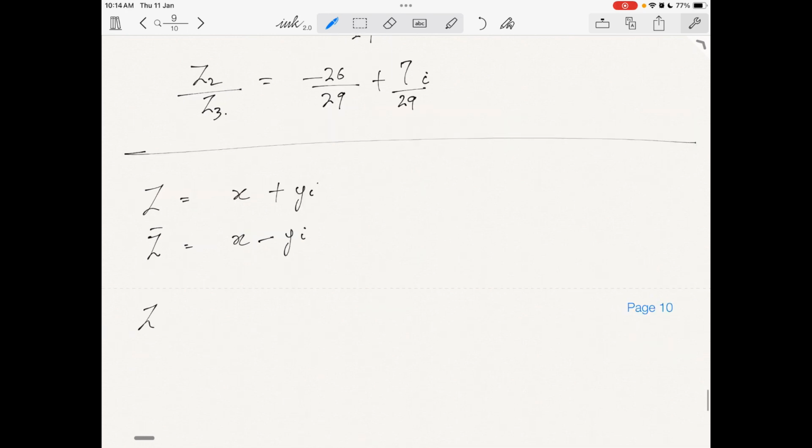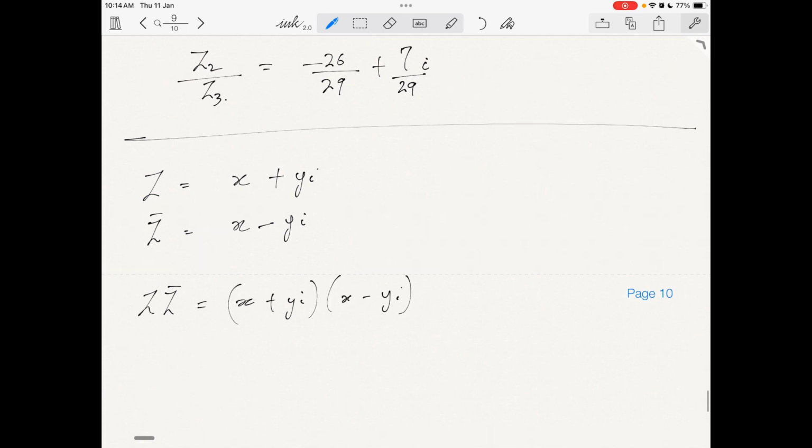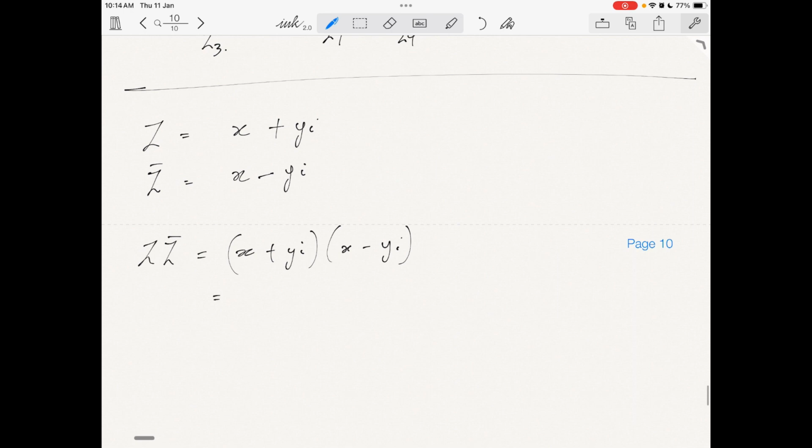So now we want to multiply Z by the conjugate of Z. That will give us x plus yi multiplied by x minus yi. So opening the brackets, we have x into x minus yi plus yi into x minus yi. So this will give us x squared minus xyi plus xyi minus y squared i squared.